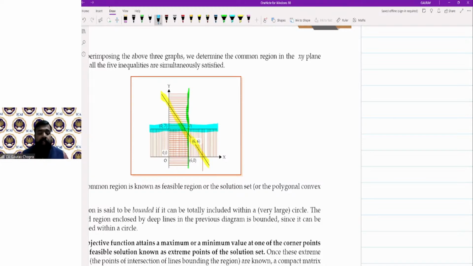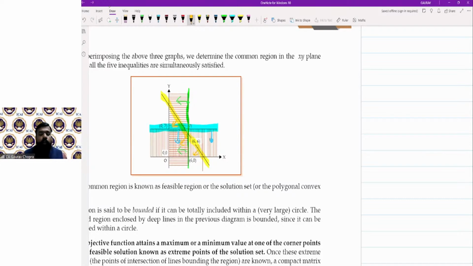Then according to the green one, the required area will be left hand side, inside area. According to this blue, the diagram will be less than, so we have to do less than portion, and according to yellow, this will be also less than, so inside.